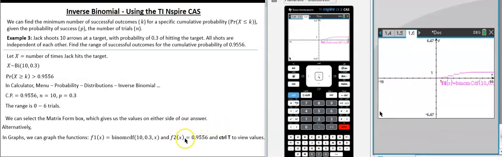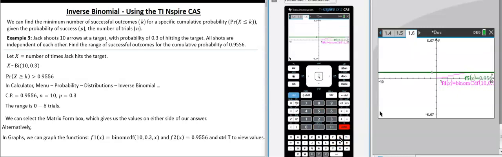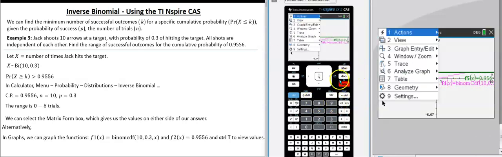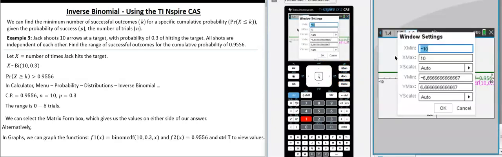I'm also going to graph the value of the probability that I'm looking for, using Control G to input a new graph, so I'll know when my values go over. Now we're too zoomed out here, so let's zoom in so we can see better. We can't have values below 0, so we don't need that. We've got 10 things happening.